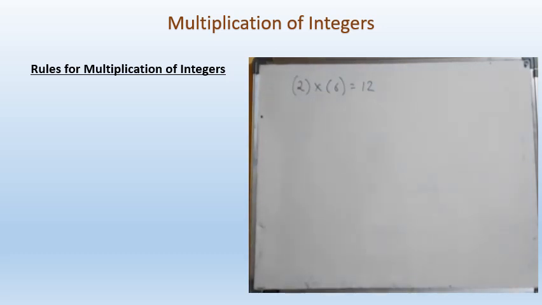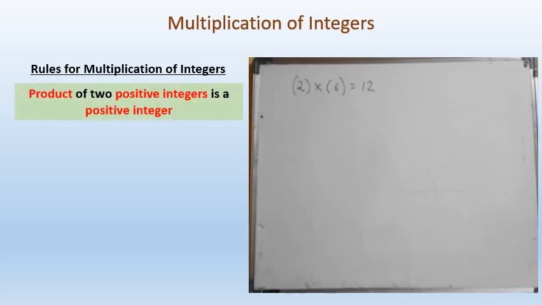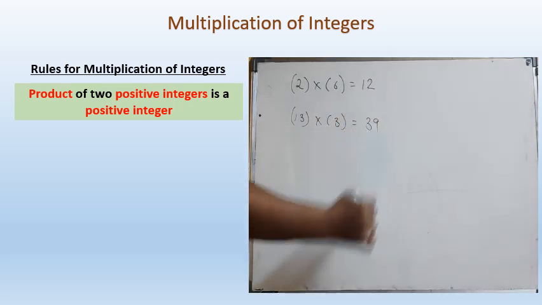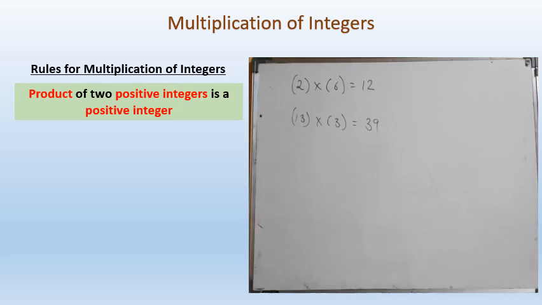So the first rule of multiplication for integers is when you multiply two positive integers, the product is also positive. So if you multiply 13 into 3, the answer will be positive 39.